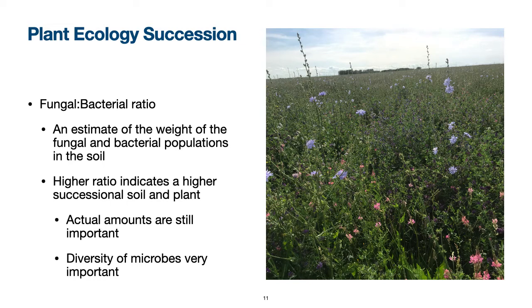The actual amounts in those ratios is still important because we need to know, are we dealing with 1 pound and 1 pound of fungal and bacterial, or are we dealing with 100 pounds and 100 pounds? So, the ratio is good. To know the actual number is even better. And we also need to ensure that we have diversity of those microbes in our soils. Having that diversity is going to just extend the soil health for us.